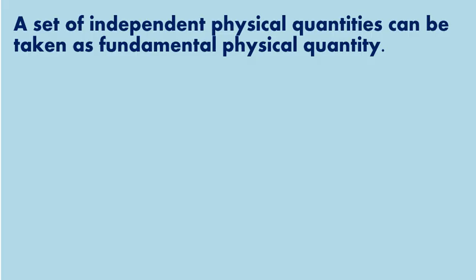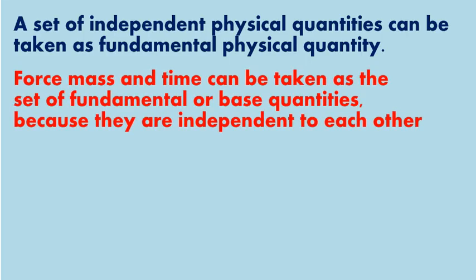That is, a quantity from that set cannot be obtained in terms of the rest of the physical quantities. Such a set is considered as base quantities. Therefore, a large number of sets of fundamental physical quantities is possible.